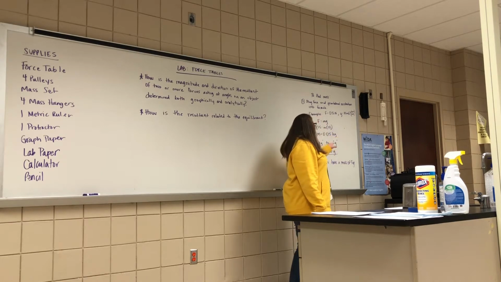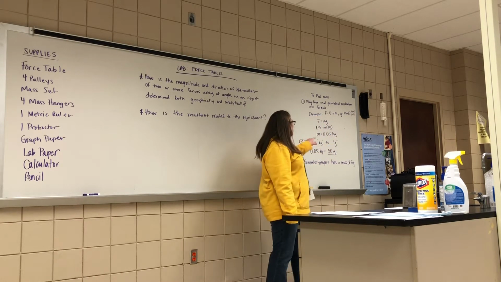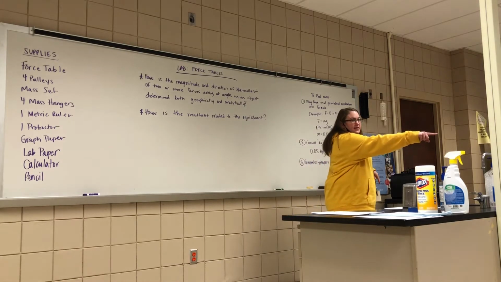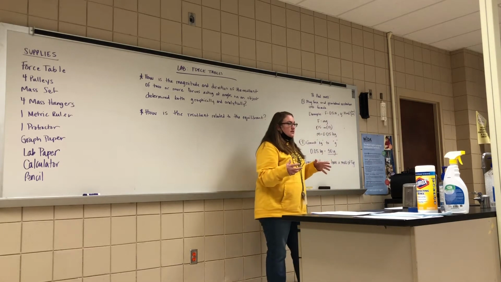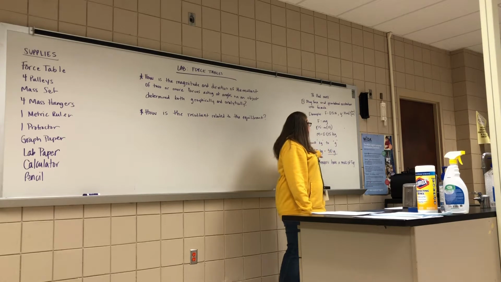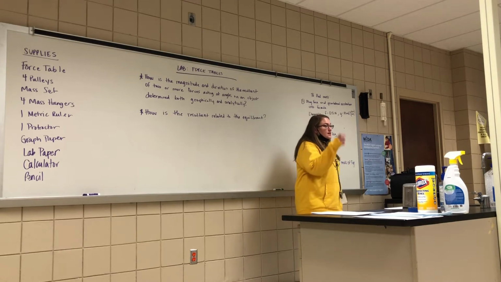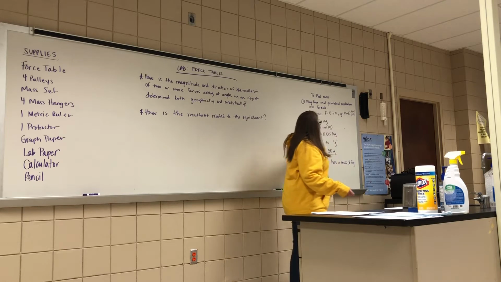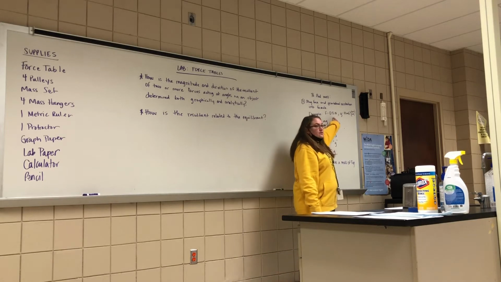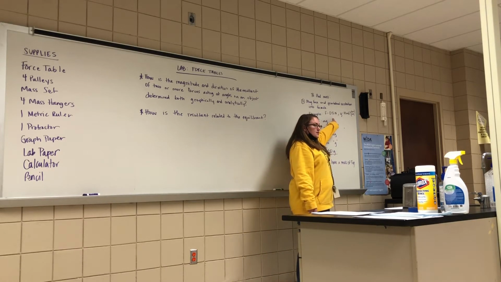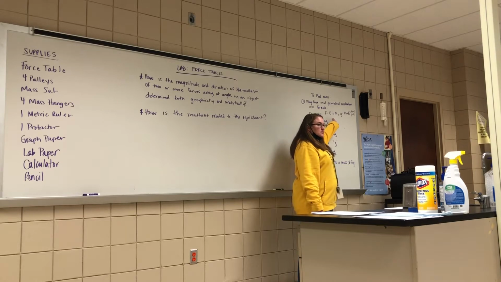Okay? But my mass set that I have, that's in grams, that's not in kilograms. So then you need to convert that to grams, and you see that 0.05 kilograms is going to equal 50 grams. So that tells you that I would have to put 50 grams hanging to create a force of 0.5 newtons. Y'all follow me? Yes?